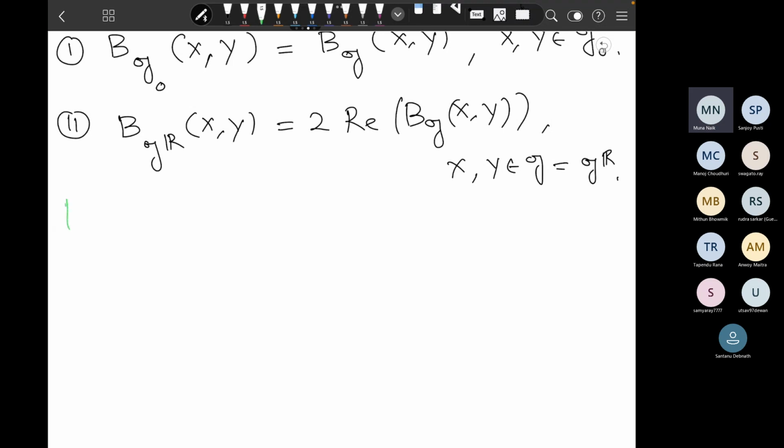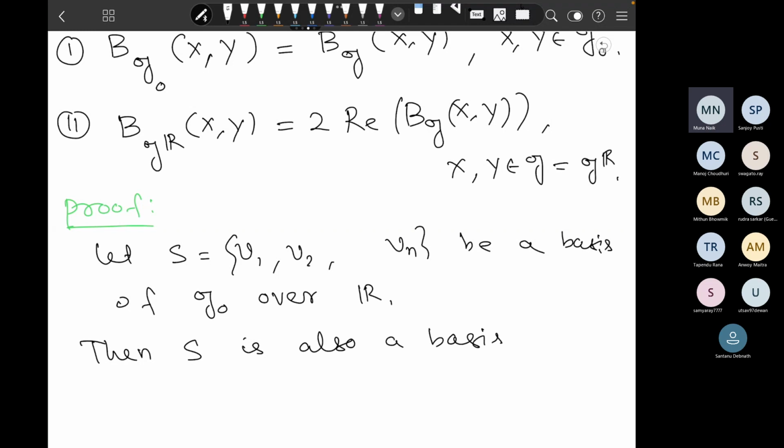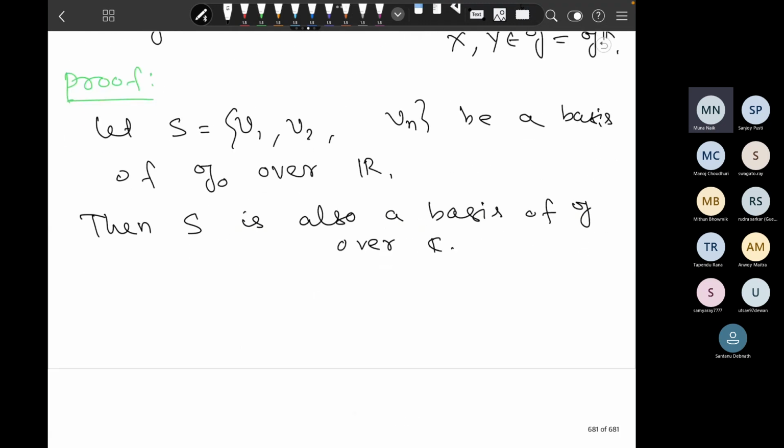So proof. Let S equal V1, V2, up to Vn be a basis of G naught over R. Then S is also a basis of G over C. We have known that.